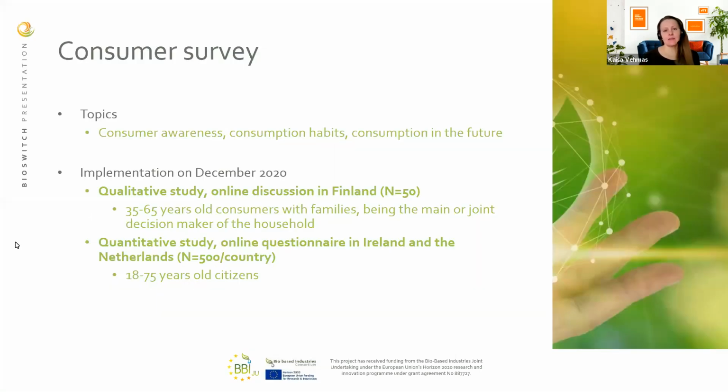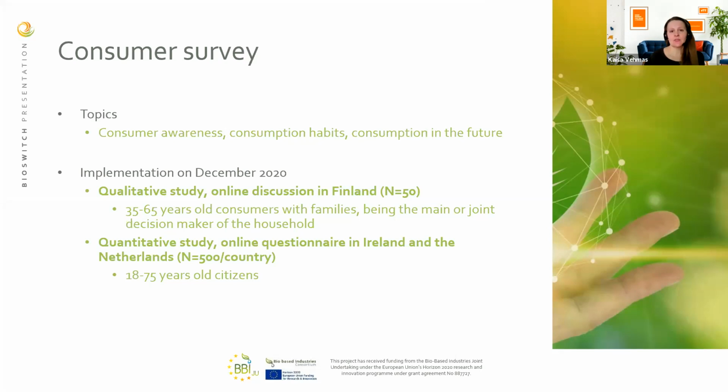So this presentation is based on two different studies we have implemented in the BioSwitch project. We had a qualitative study among Finnish consumers, and then another one, a quantitative questionnaire, for Ireland and the Netherlands.